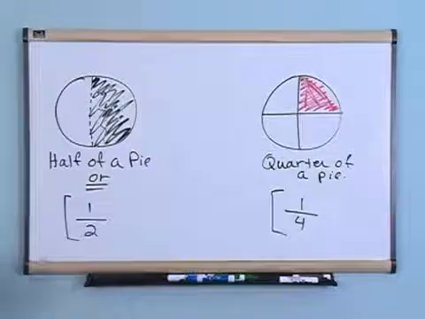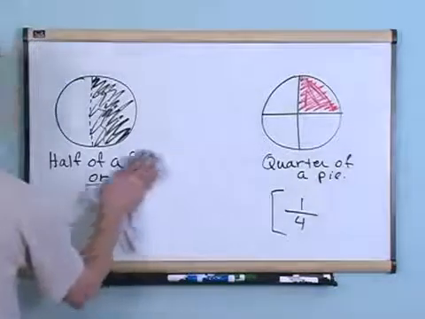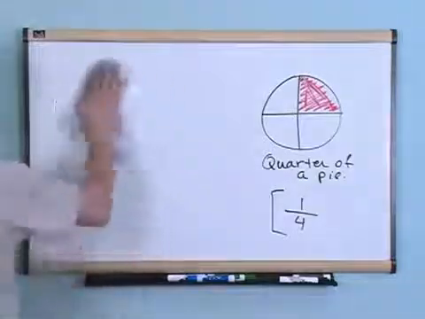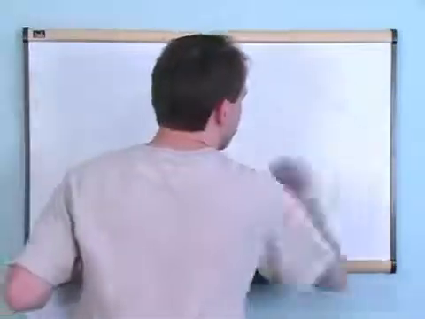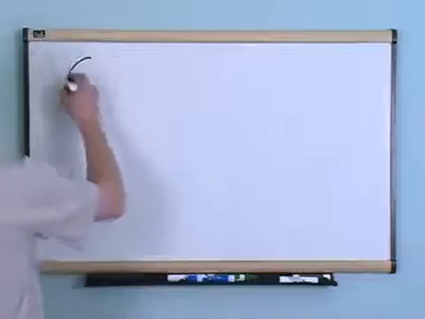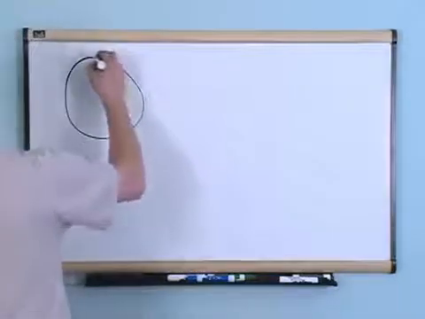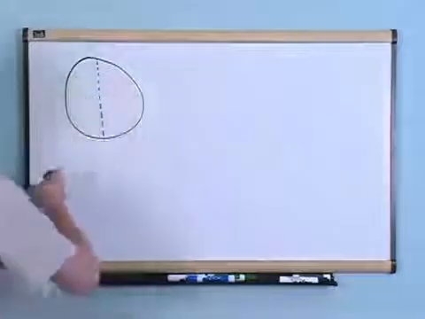All right. Now, what I want to show you next is, what if I look at this half a pie in a little bit different way? We just talked about what a half is, and we just talked about what a quarter is, okay? What if I took this pie, here's my pie, and I cut it right down the middle in half?